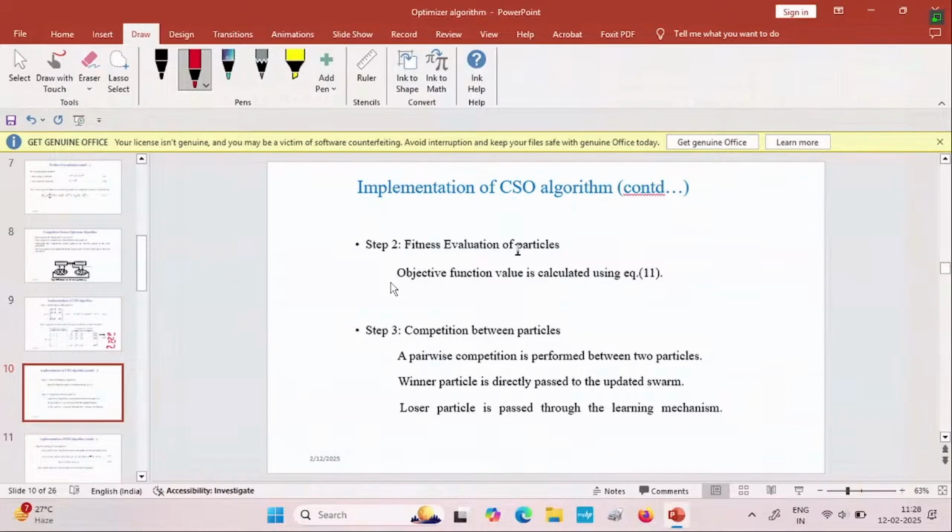Initially we calculate the fitness of all particles, and the objective function value is calculated using equation number 1. Then competition between particles: a pairwise competition is performed between 2 particles, and the winner is passed directly to the next iteration swarm, whereas the loser is passed through the learning mechanism.